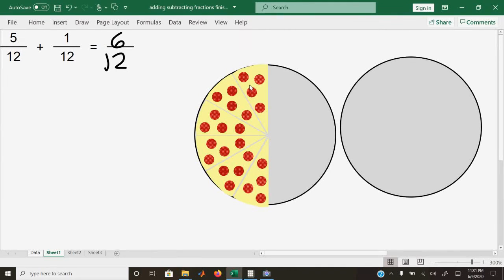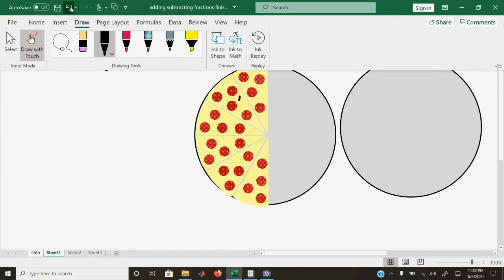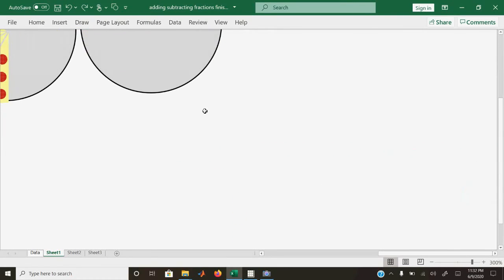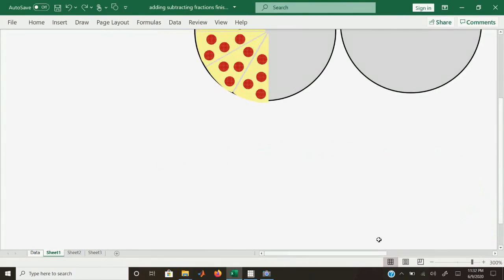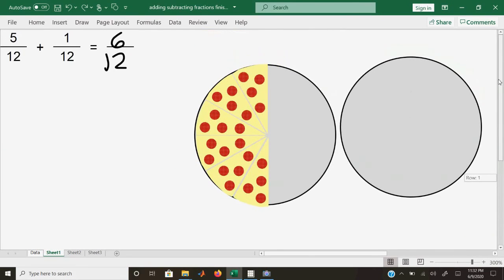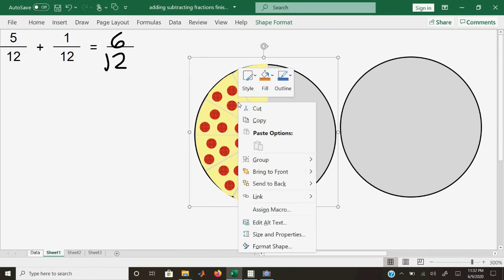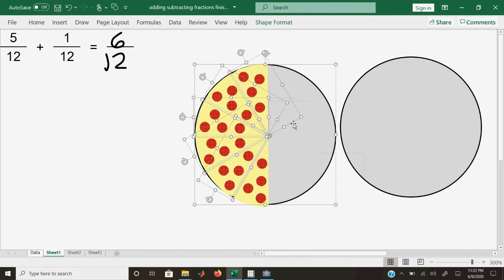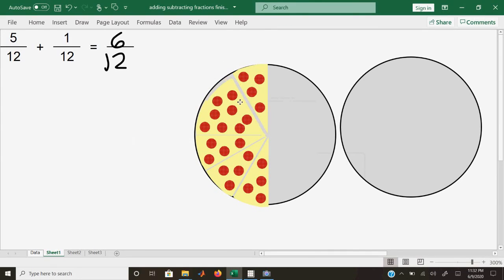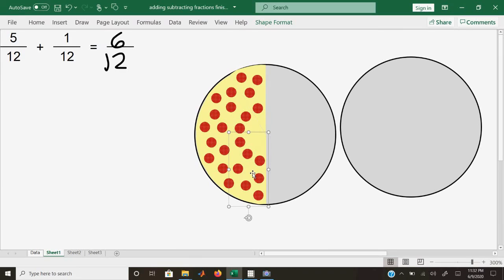I can also see that if I eat 6/12 of a pizza, I really eat the same amount as if I had eaten 1/2 of a pizza.